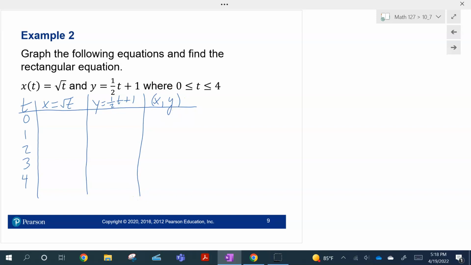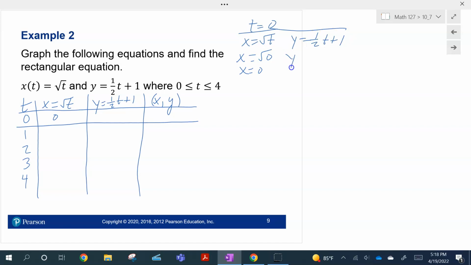Okay, so let's plug in 0 first. If t is 0 and x is root t, the square root of 0 is obviously 0. And then y is 1/2 t plus 1, 1/2 times 0 is 0, plus 1 is 1.